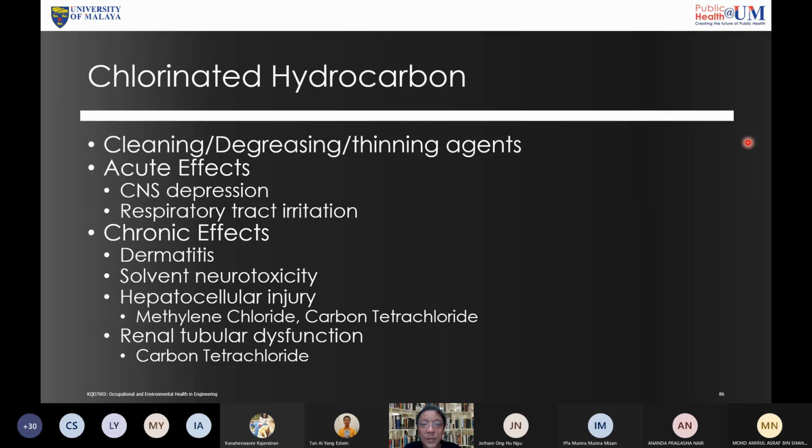So carbon tetrachloride is basically a chemical agent used for dry cleaning. What is dry cleaning? Laundry that washes. Yeah, why do you call it dry cleaning? Because it does not use water, it uses chemicals.